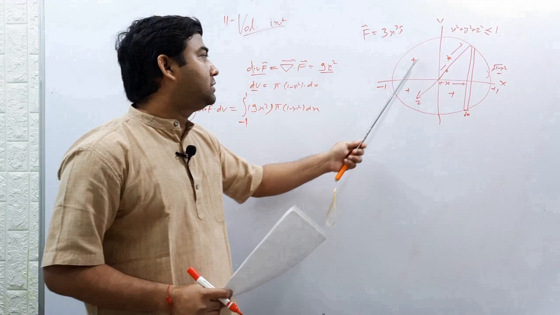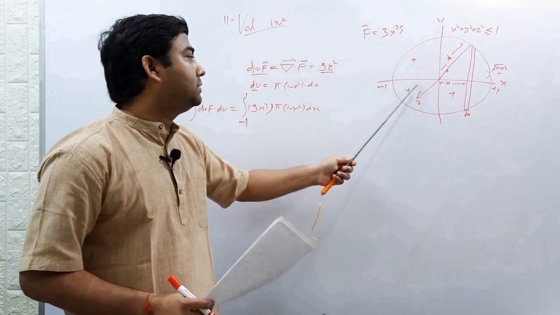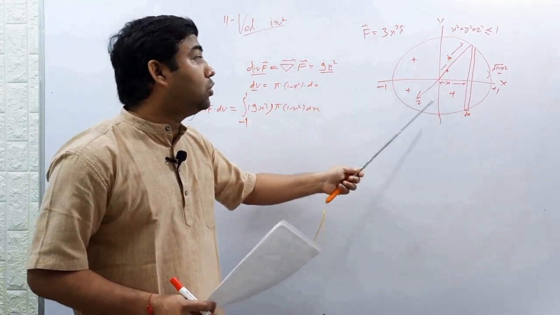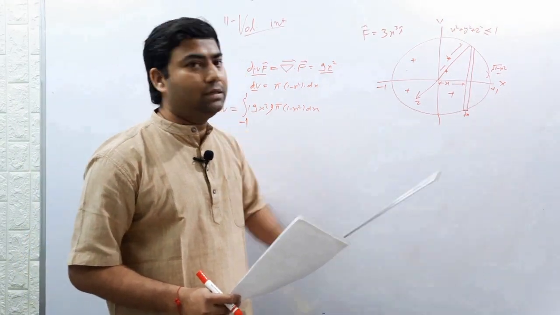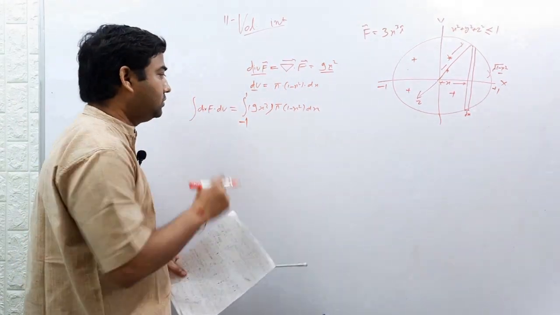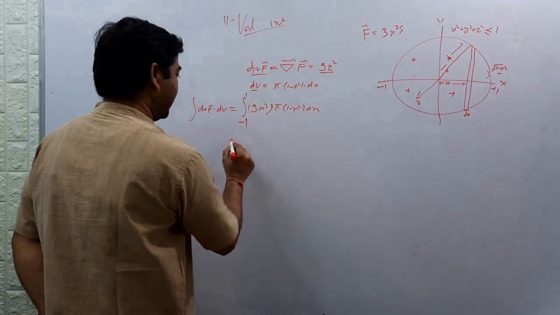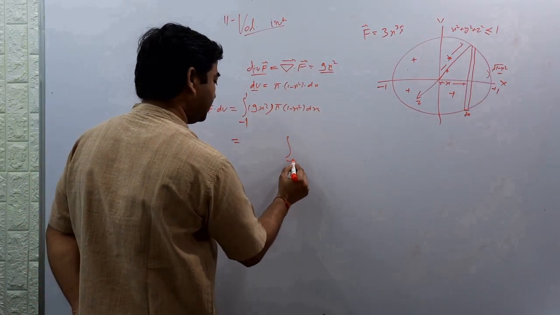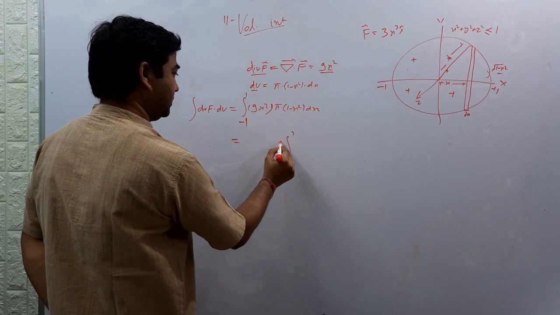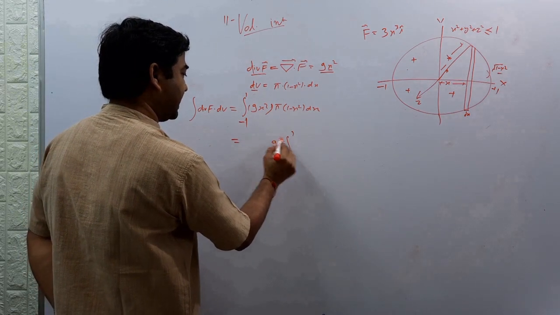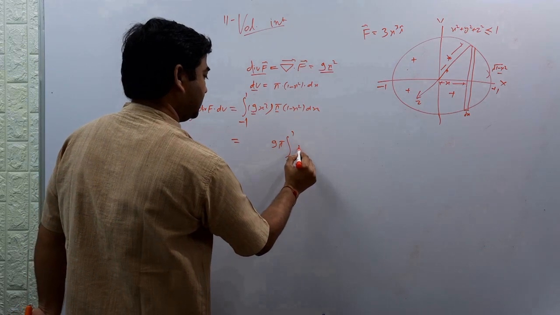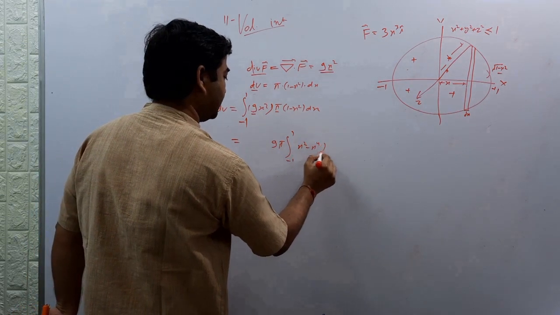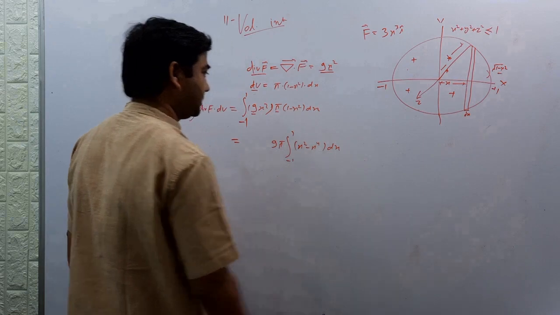But here the nature of divergence is positive in the whole spherical volume. That's what we can take directly. The limit of x is minus 1 to plus 1, and this is minus 1 to 1, 9 pi, x square minus x power 4 dx.